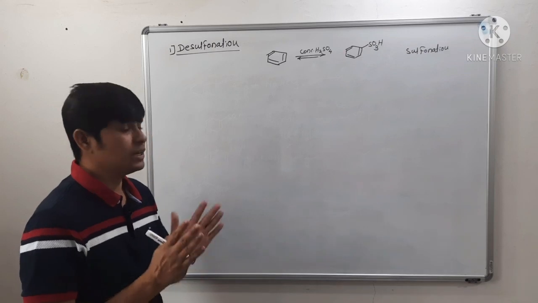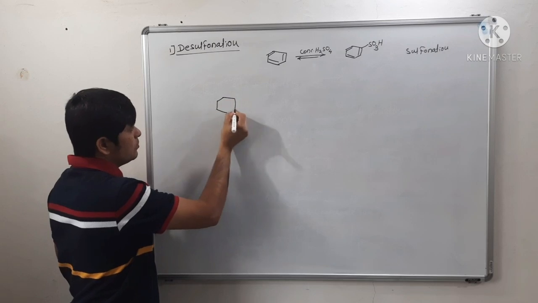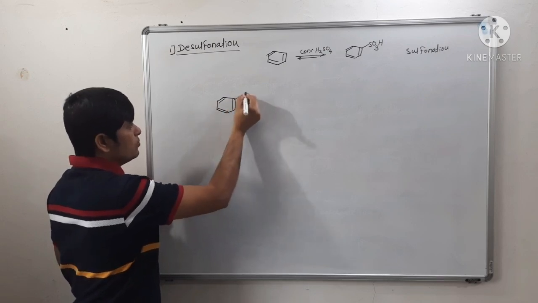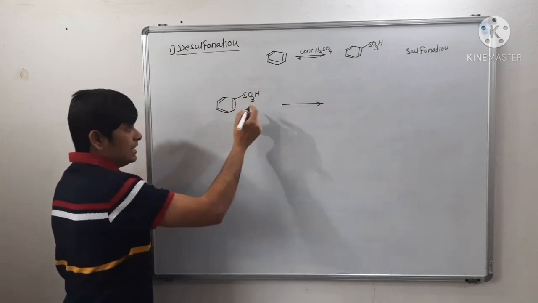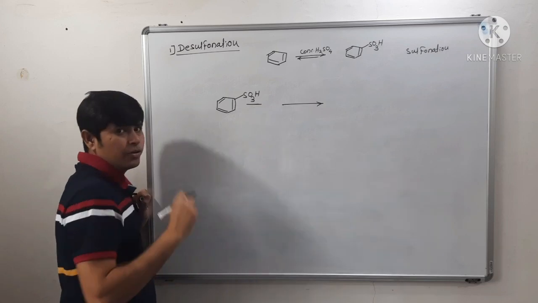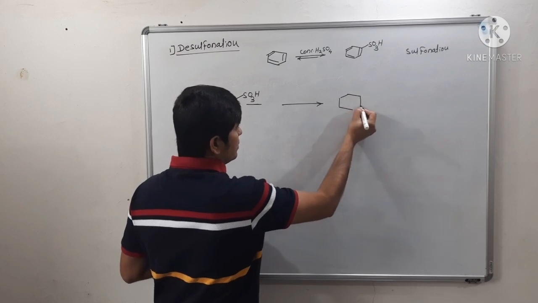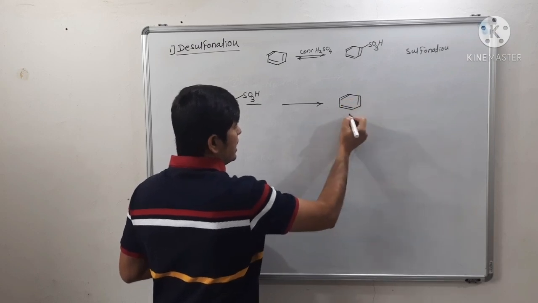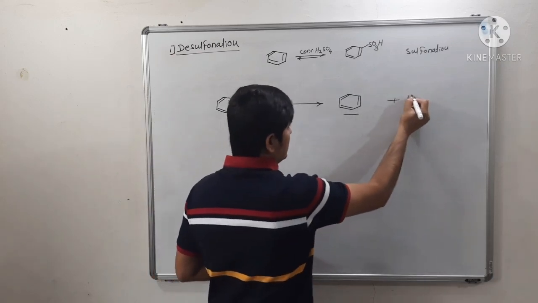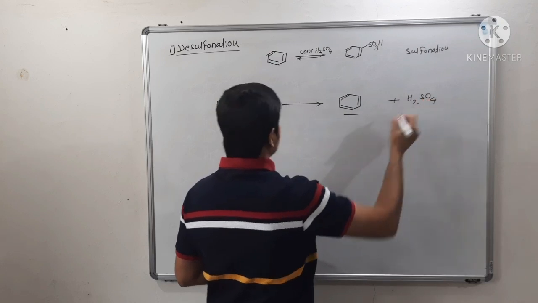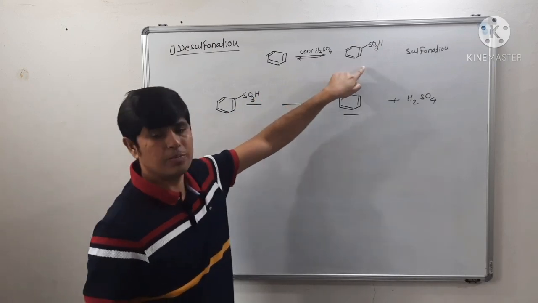Suppose we have benzene sulfonic acid, and if this sulfonic acid group is desulphonated, that means removed, then there will be formation of an aromatic hydrocarbon and sulfuric acid. Here we reacted benzene with concentrated sulfuric acid to get benzene sulfonic acid.